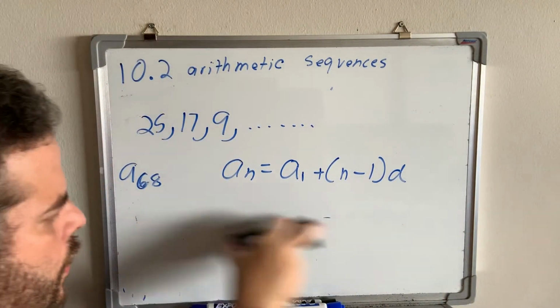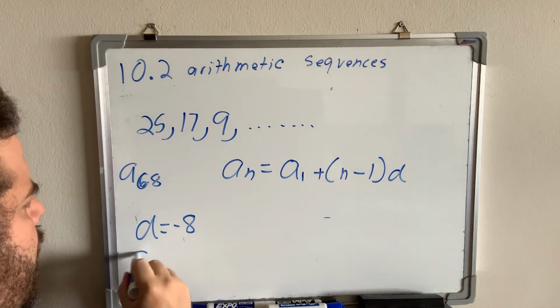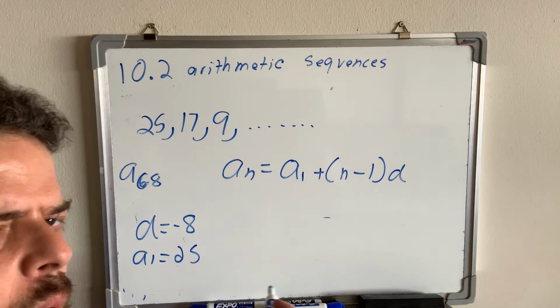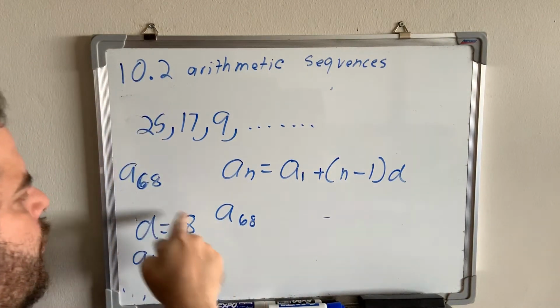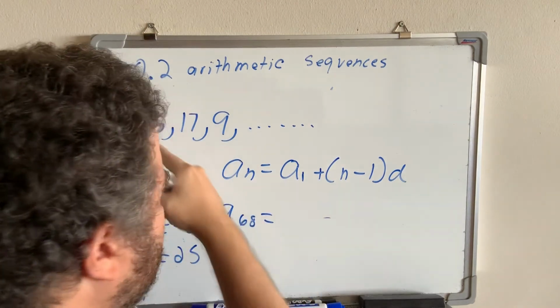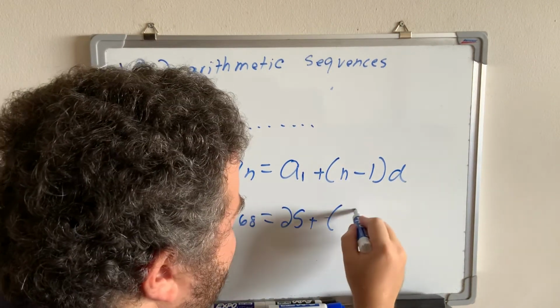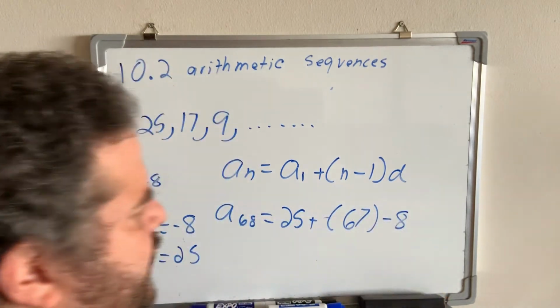I know that my d is negative 8. I know my a1 is 25. So let's substitute everything. a68, because I'm looking for my 68th term, equals 25 plus 68 minus 1, which is 67, times negative 8.